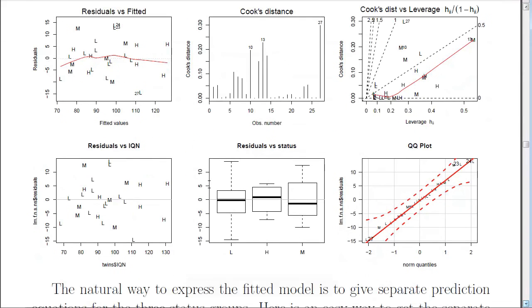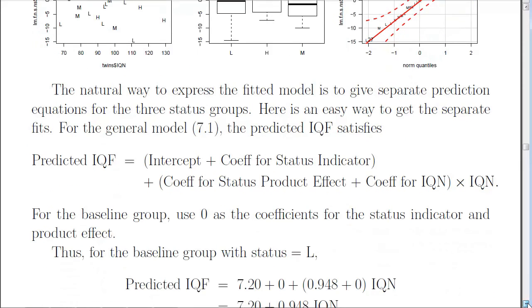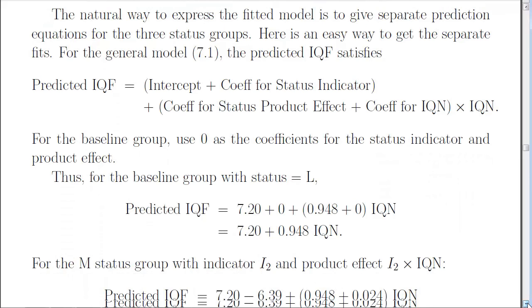We don't really have any influential points that are strongly influential relative to others. And the one that is most influential, well, 13, is mostly because of leverage, not a big deal. These variances don't look too different relative to the fact that we've got fairly small sample sizes. Relative to the IQR, this looks pretty good. Normality looks great. So it looks like our model fits pretty well. No real transformation suggested, and so on.